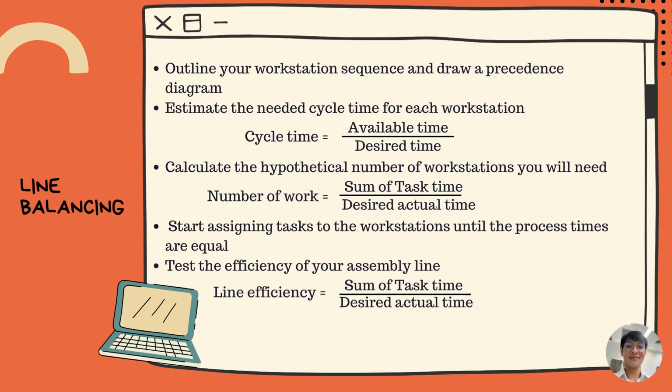Estimate the net cycle time of each workstation. Calculate the hypothetical number of workstations you will need, and assign tasks to the workstations until the process times are equal. And the last one, take the frequency of your assembly line.